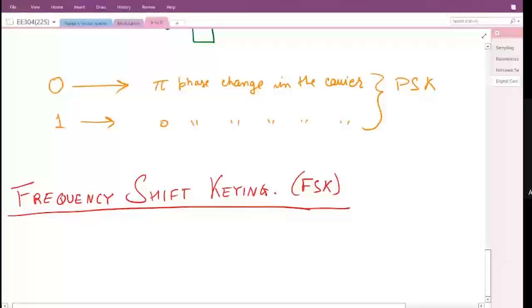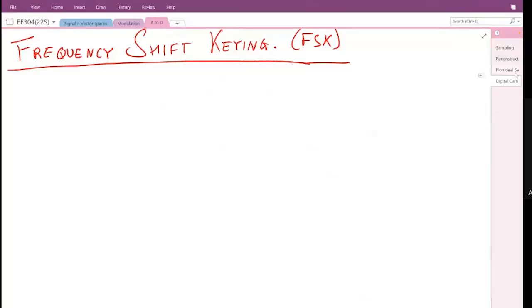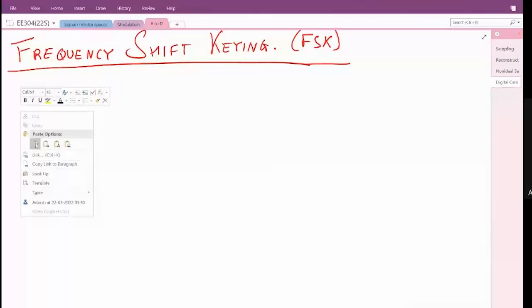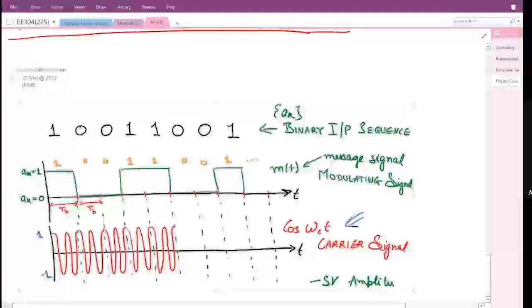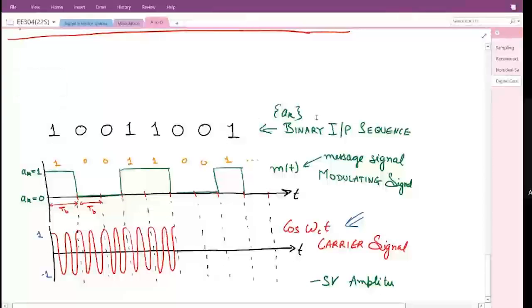In here again, the input signal is not an analog signal. So I will just paste the same figure again and then do the changes there, so that I don't have to make this AK.